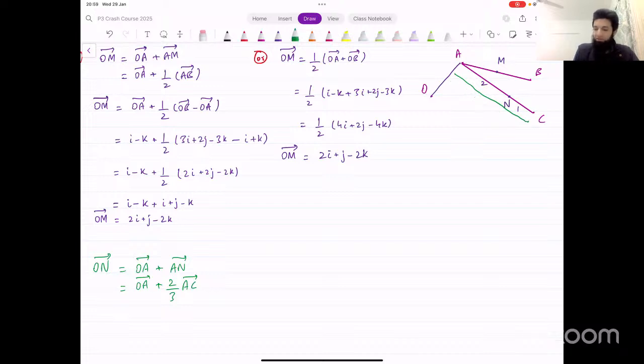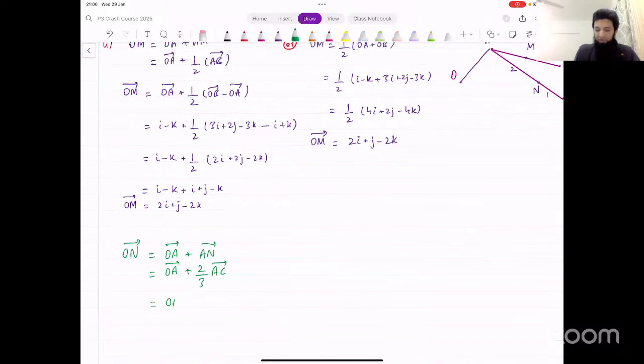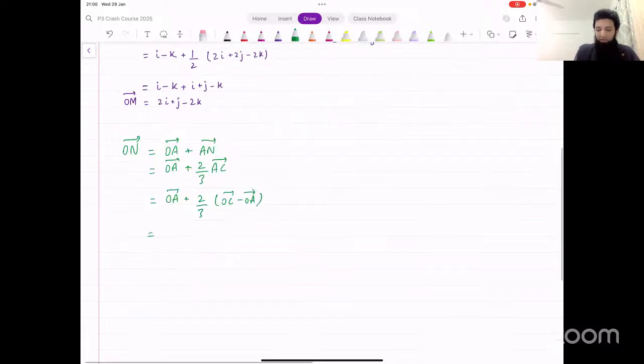Using ratios, if AN is 2 units and the whole thing is 3 units, you can say AN is 2 over 3 times AC. And now, since you know OA and OC, you can write this as OA vector plus 2 over 3 times OC minus OA. And that will give you the result.